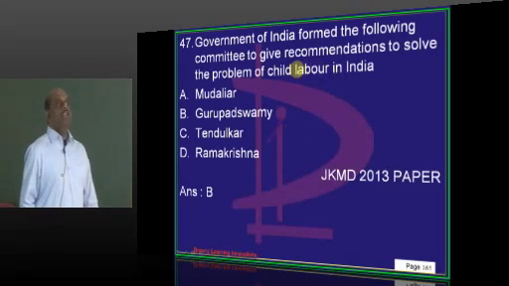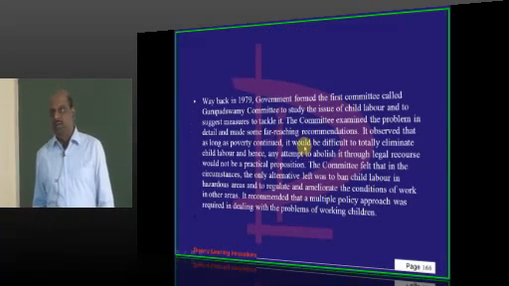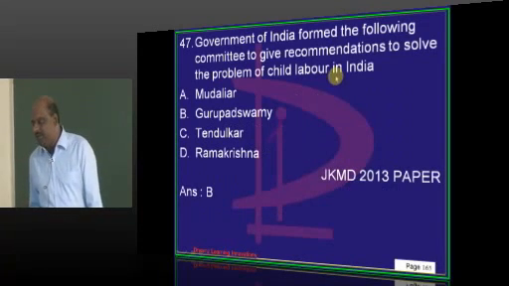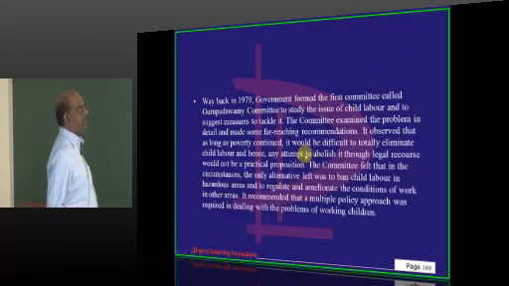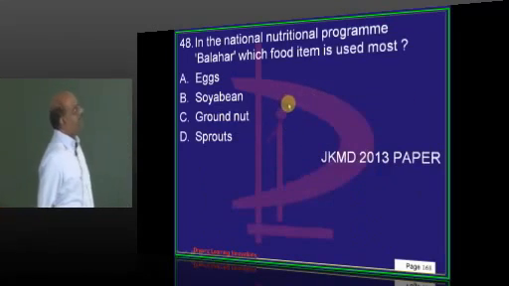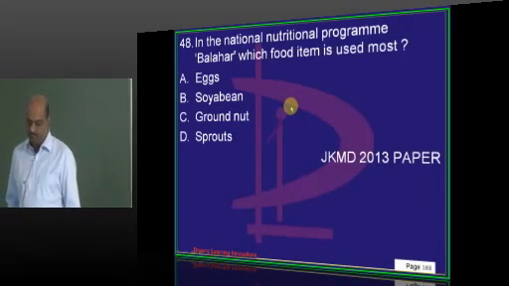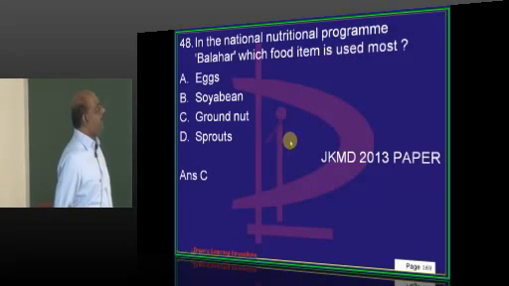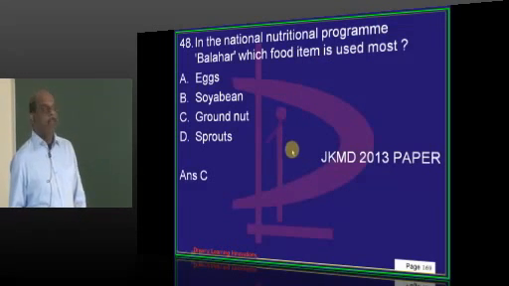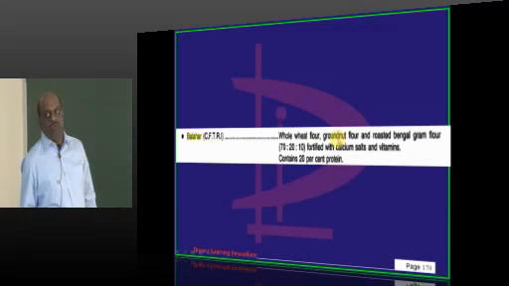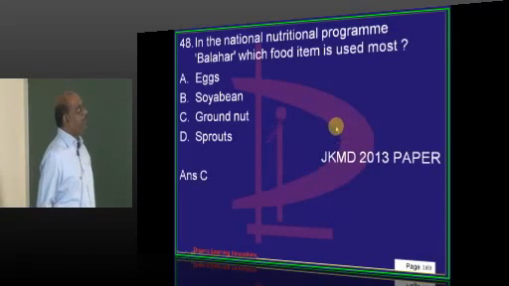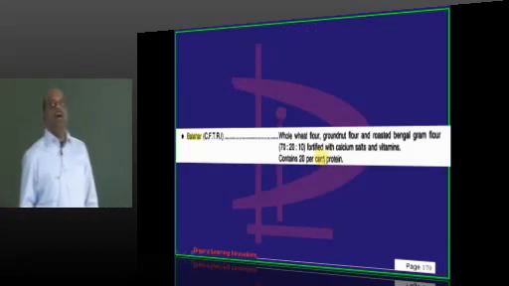It is the Gurupadaswamy committee, which is important for addressing the problems of child labor in India, is what needs to be remembered. So what is Balahar? Balahar basically contains whole wheat flour and groundnut flour, which is the important component of the Balahar.